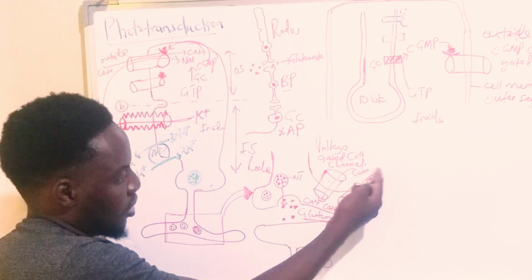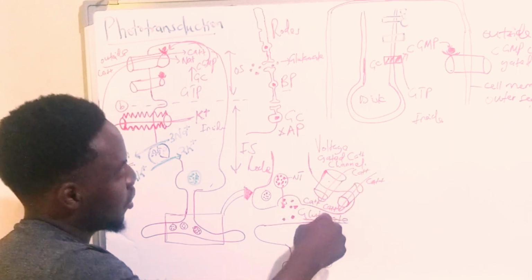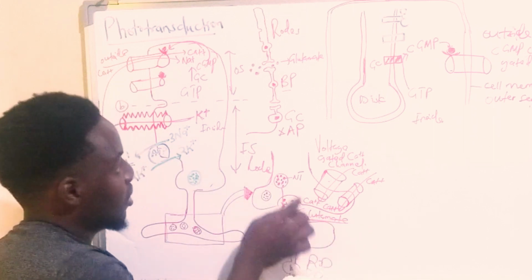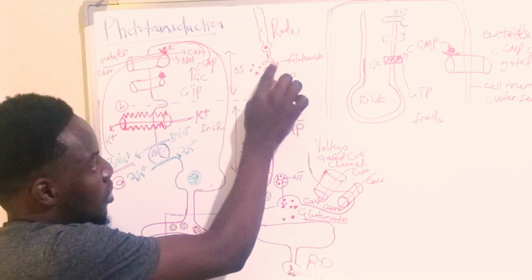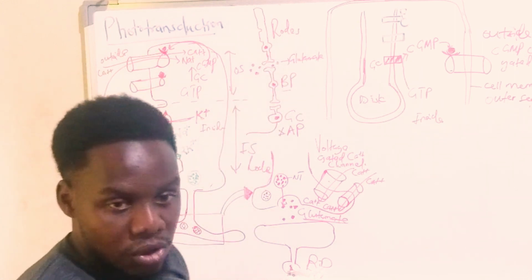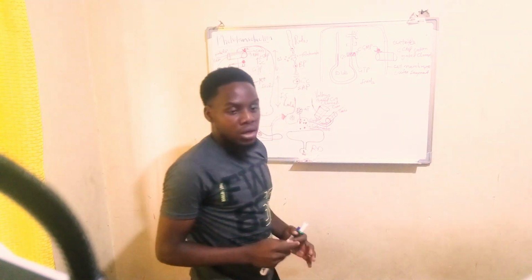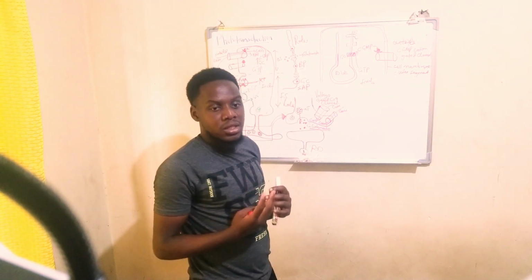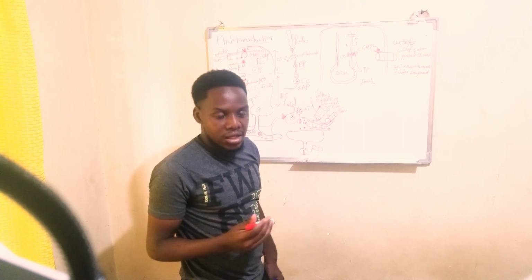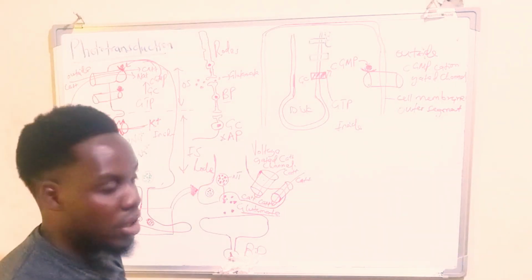When these open, calcium ions influx, and they cause the release of the neurotransmitter glutamate between the rods and the bipolar cells. Now, as we all know, glutamate is generally an excitatory neurotransmitter. But in this case, glutamate is inhibitory on the bipolar cells.